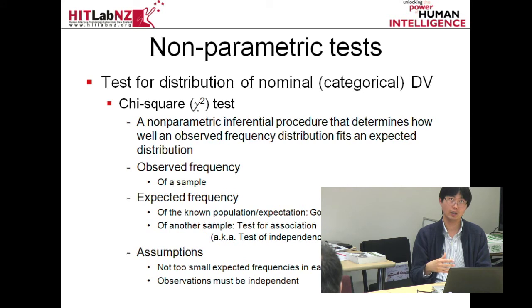So if you ask the users to choose the interface they preferred out of 3 or 4 interfaces, all you end up with is the number of people who chose interface A, the number who chose interface B, and so forth, which is basically frequency.